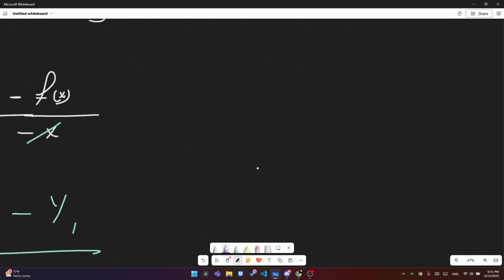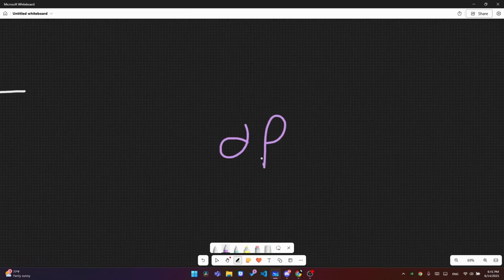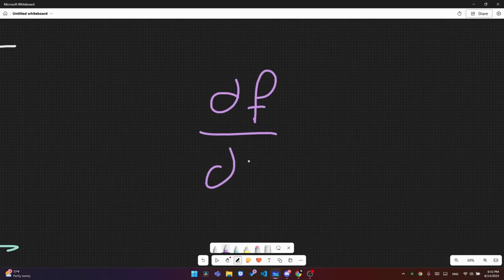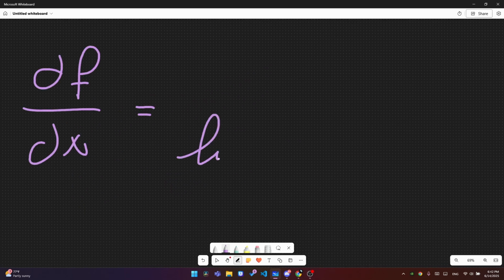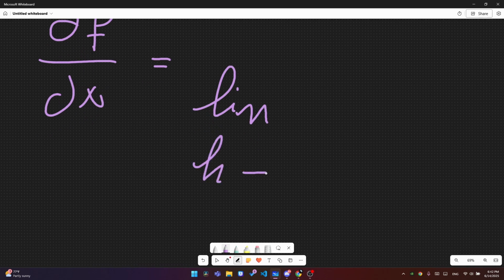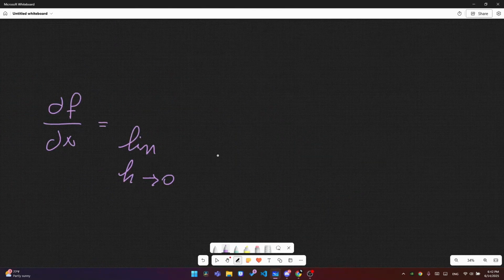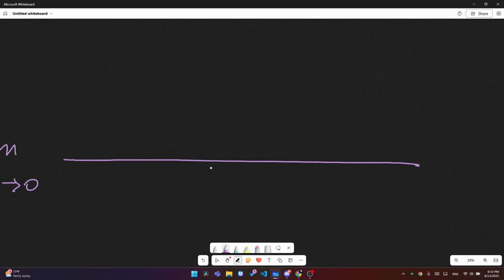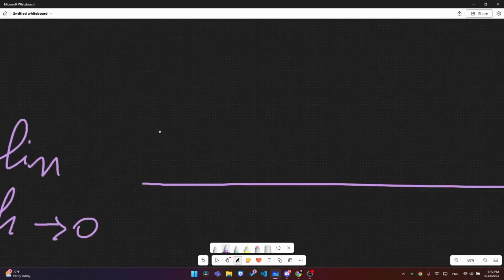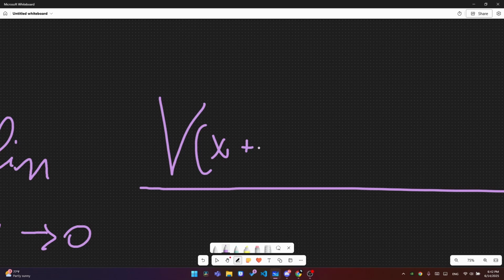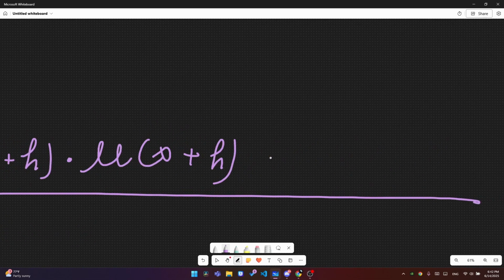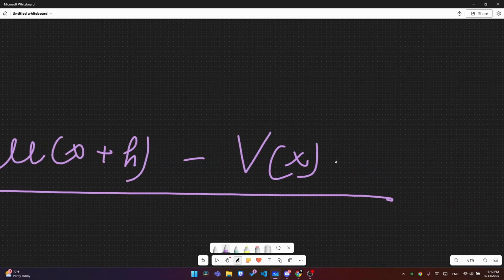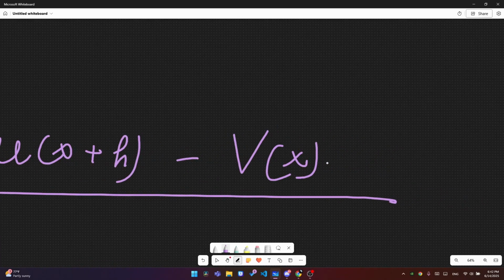So we write down df/dx, the derivative of f with respect to x, is equal to the limit as h goes to 0 of, I'm going to make one a big one just because there's a lot of writing, v of x plus h multiplied by u of x plus h minus v of x multiplied by u of x.